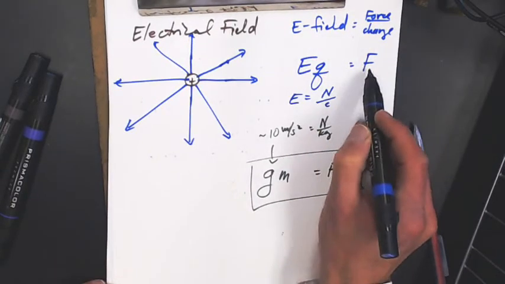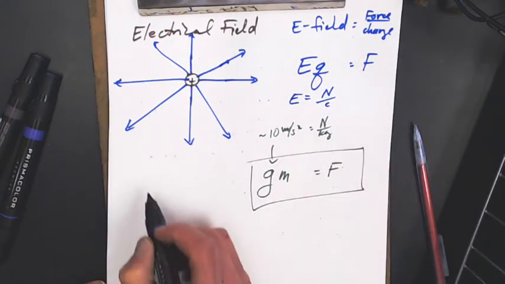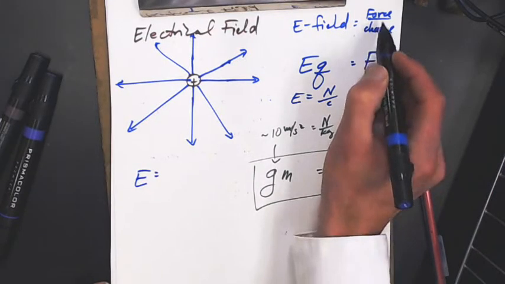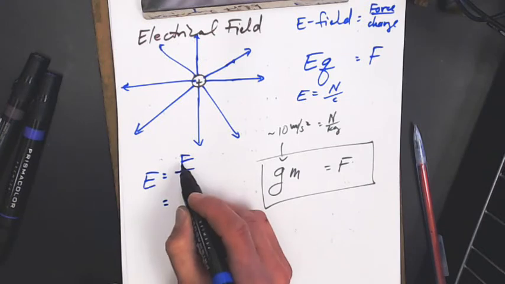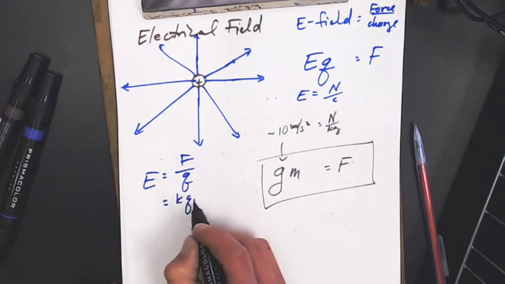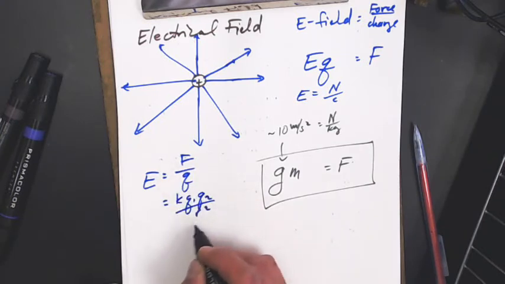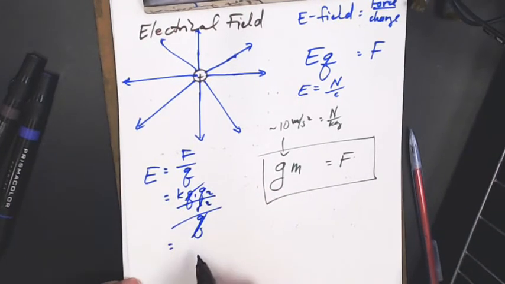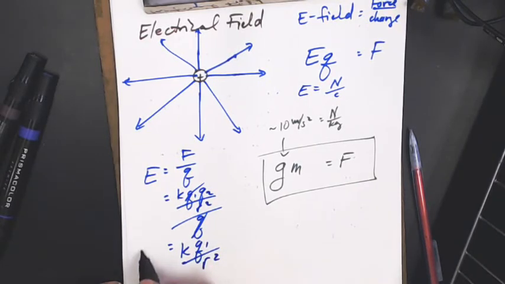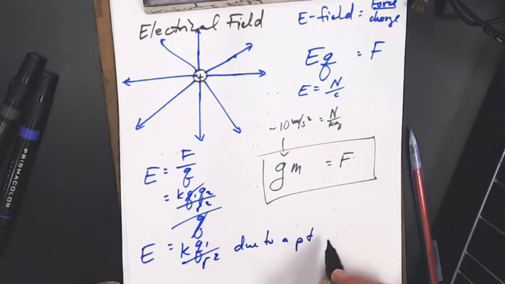So the electric field is force over charge, F over Q. The electric force F is K Q1 Q2 all over R squared, divided by Q. That Q goes away. I end up with K Q1 all over R squared for the electric field due to a point charge.